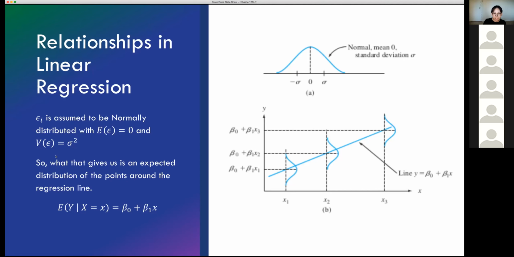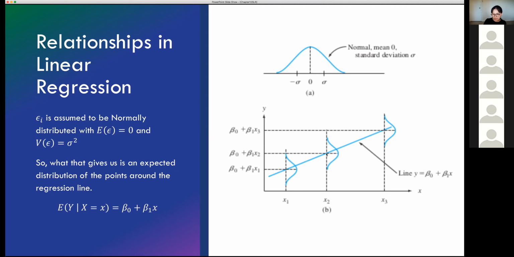And so this error term gives us the expected distribution of the points around the regression line. The expectation of this line is centered right here, beta 0 plus beta 1 x, and this error term gives us a distribution around this point for this single x1. For each single point you would have randomness around this mean, because our error term has mean 0.